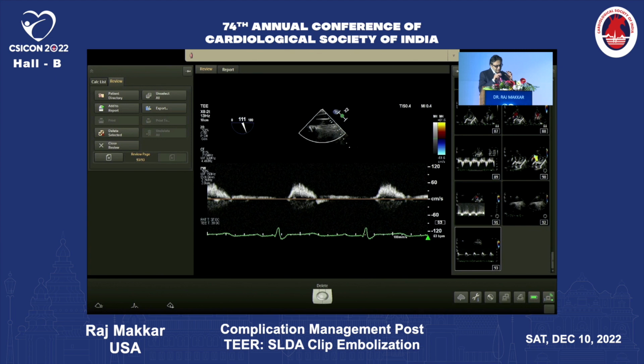So, I think the fact that you can use this system to anchor not only in the annulus but also in the leaflets gives extra bit of assurance, right, in patients who have no calcium at all. I think that's important.